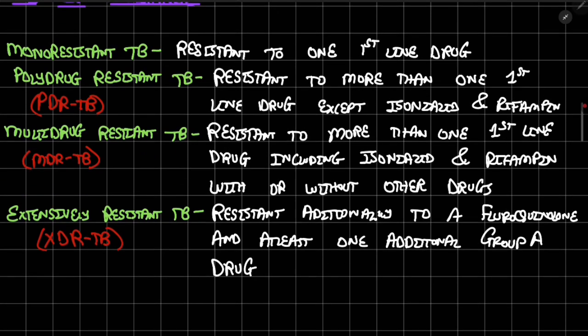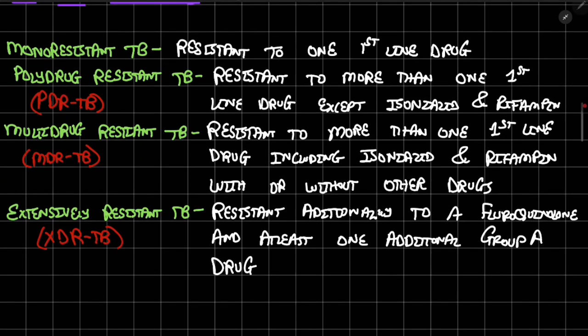So revising TB and resistance: monoresistance TB stands for resistance to one first line drug. Polydrug resistance TB is resistant to more than one first line drug excluding isoniazid and rifampin.